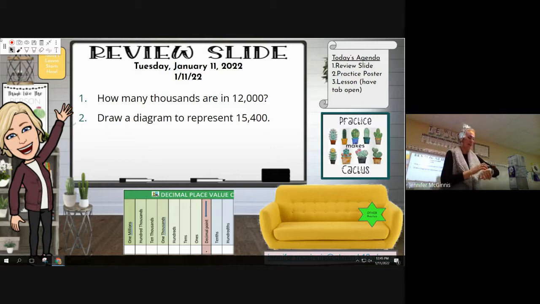Draw a diagram to represent 15,400. And that's where the wheels kind of fell off the cart, as I like to say sometimes. Have I ever said that? It's like when we're driving a cart and everything's going great. How many thousands are in 12,000? 12. No problem. Perfect. Moving on. Draw a diagram to represent 15,400, and we fall apart and crash because we no longer know what we're doing.